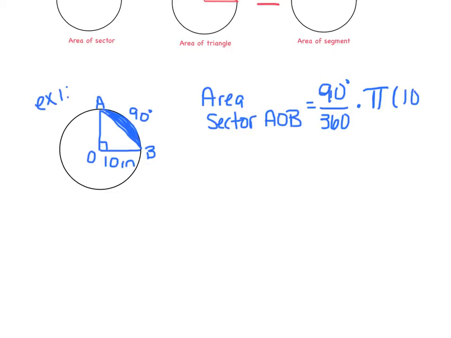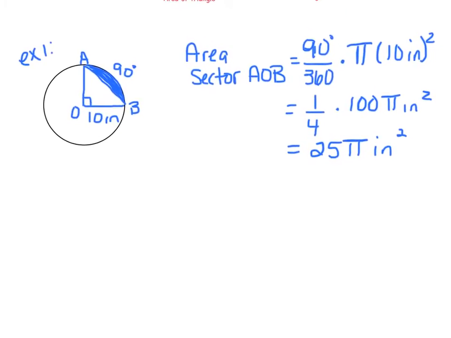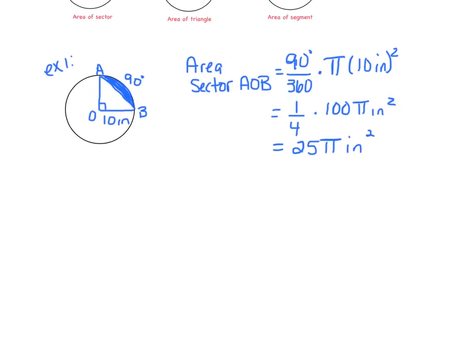So pi r squared. Okay, so we're going to find out what that is. Well, I know that 90 goes into 360 four times, so it's 1/4 times 100 pi inches squared. And I know that 1/4 of 100 is 25, so 25 pi inches squared. Remember, units are incredibly important, and don't multiply by pi unless you are told to. Leave everything in terms of pi.